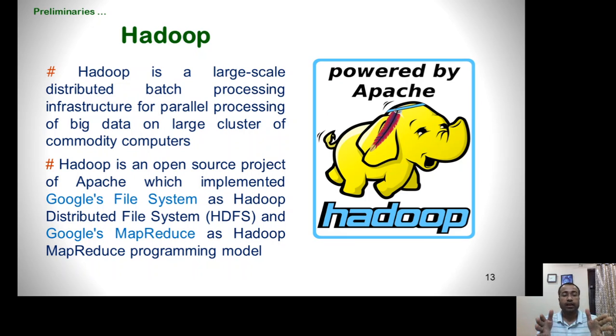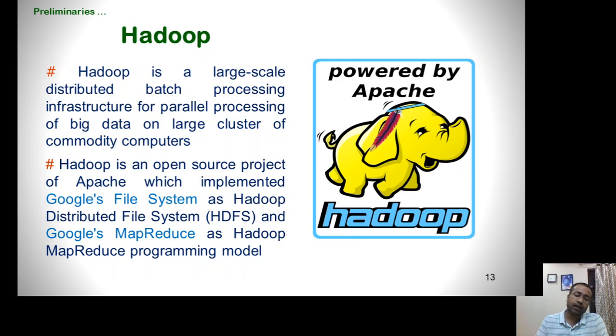So parallel processing of big data on a large cluster of commodity computers. When you build a cluster, it always requires computers, and the required computers are commodity computers. Commodity computers means ordinary computers, not very high-end computers.